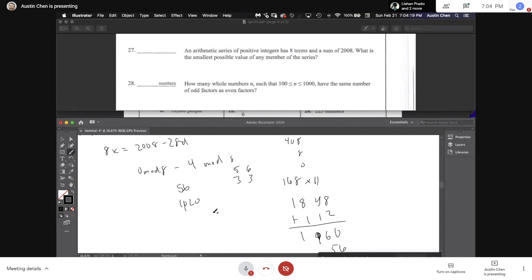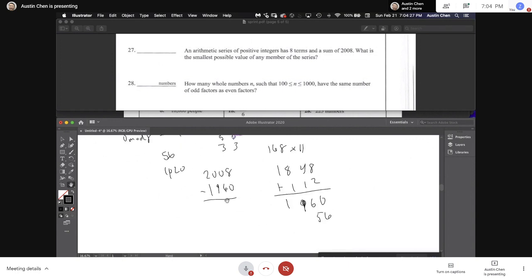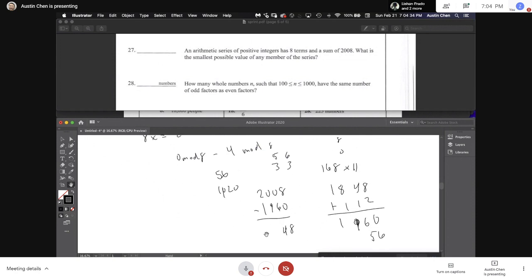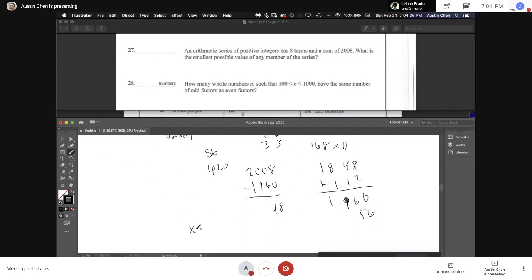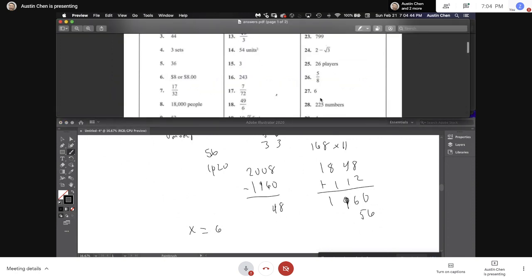So the most you can subtract from 2008 is 1960. And this gives us 48, which is 0 mod 8 like we expected. This means our minimum x is 48 divided by 8, which is 6. And yeah, that is our answer.